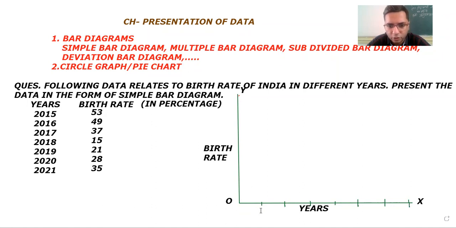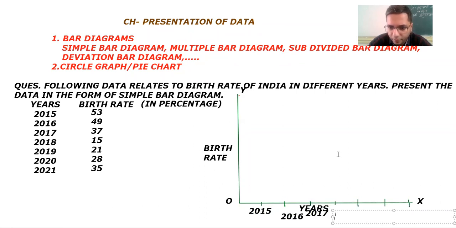I'm writing short form. Let's likh dete hain years. 2015. Then you have 2016. Then you have 2017.